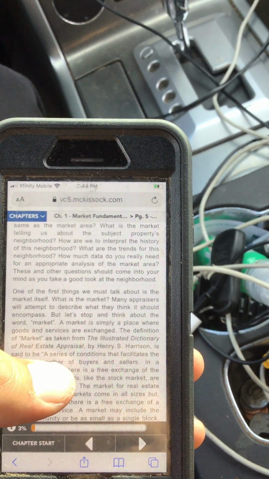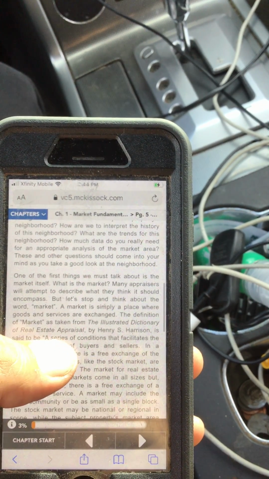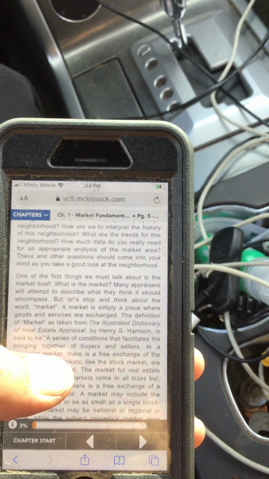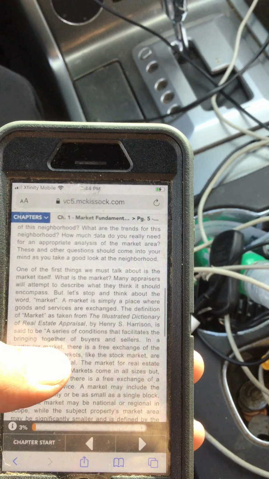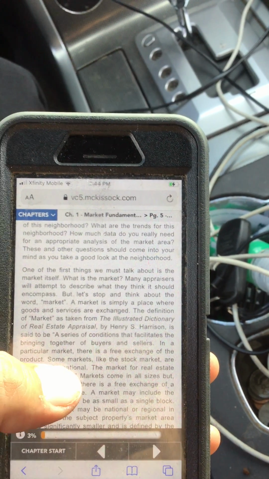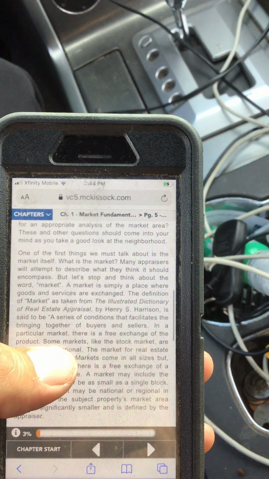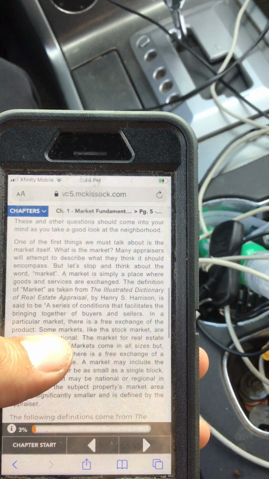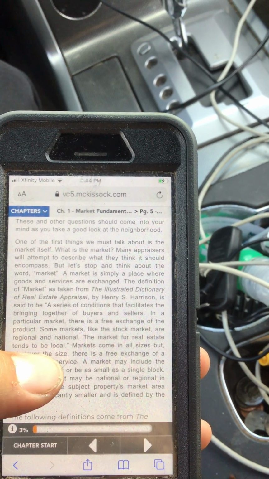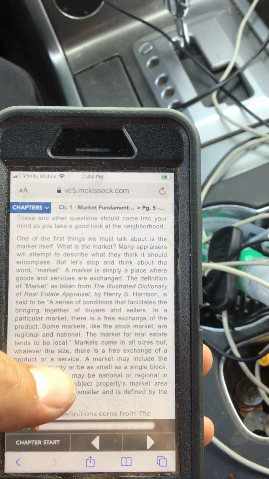What is the market telling us about the subject property's neighborhood? How are we to interpret the history of this neighborhood? What are the trends for this neighborhood? How much data do you really need for an appropriate analysis of the market area? These and other questions should come into your mind as you take a good look at the neighborhood.